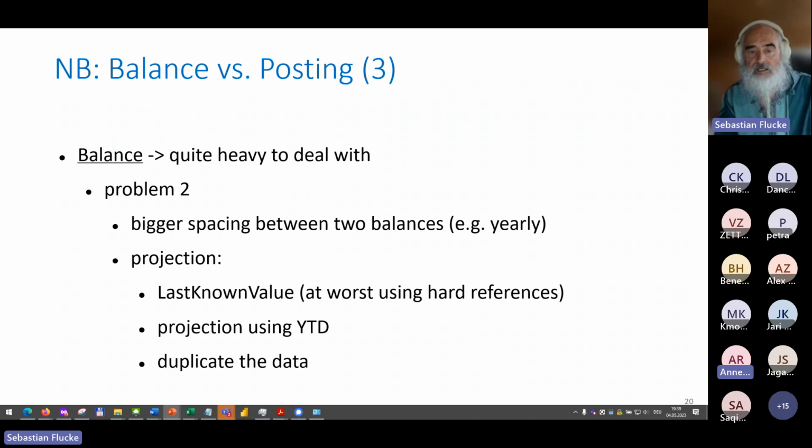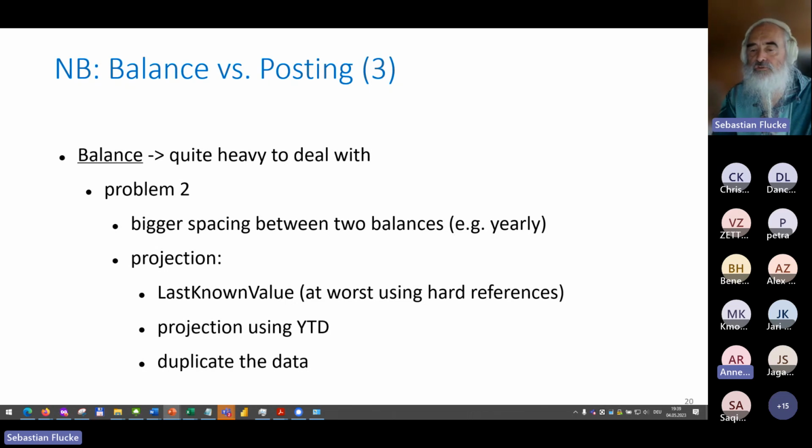Okay. There are different ideas to deal with that problem. That depends on what your tool set is able to give you as tools. There are functions like last non-empty value or something like that, which can be helpful in that case for such a projection.